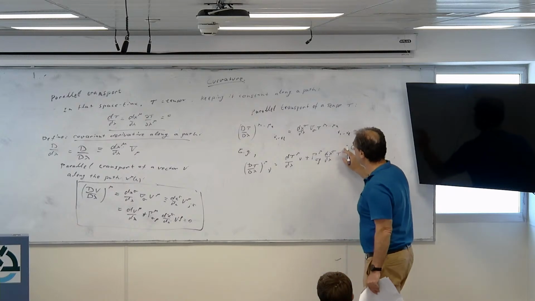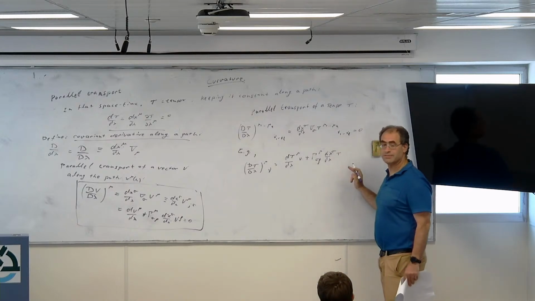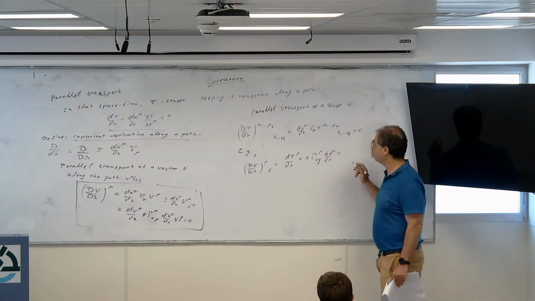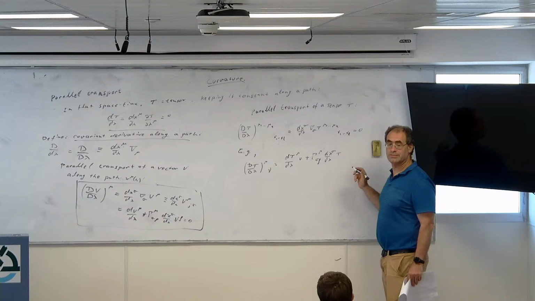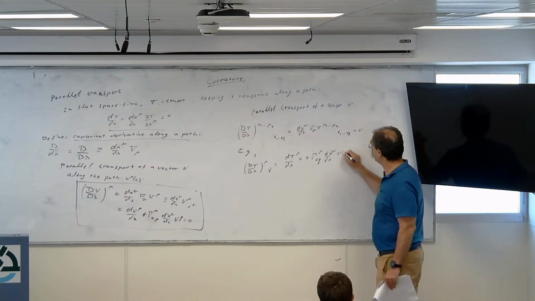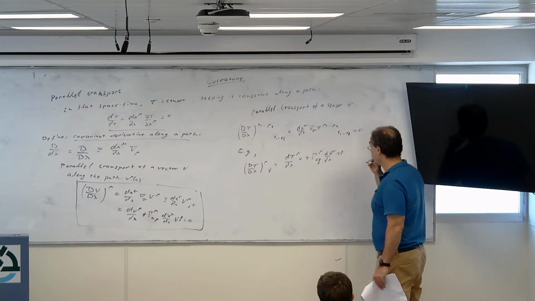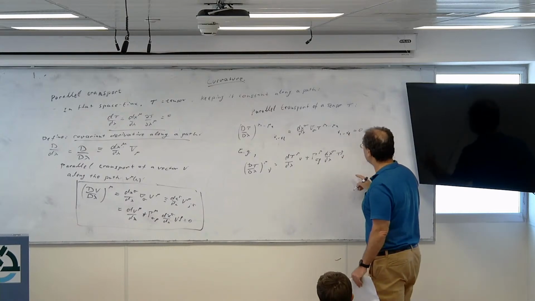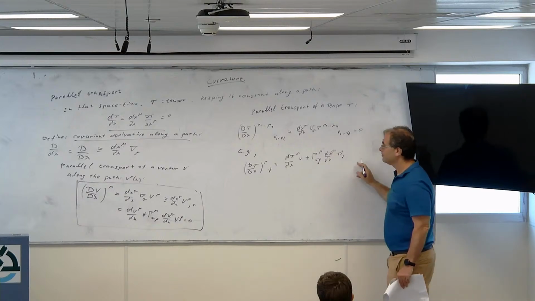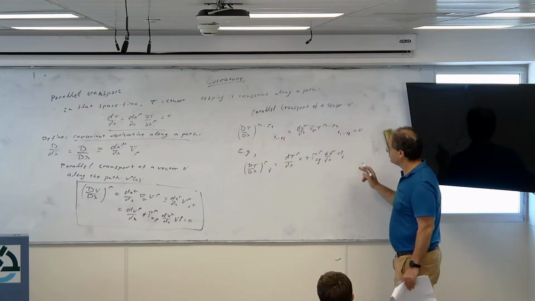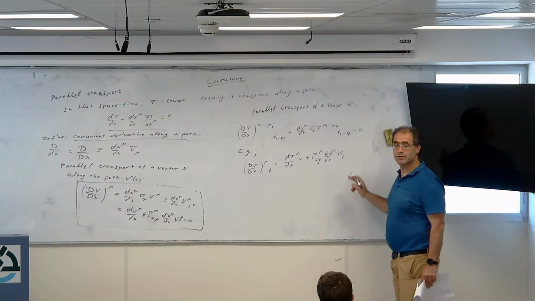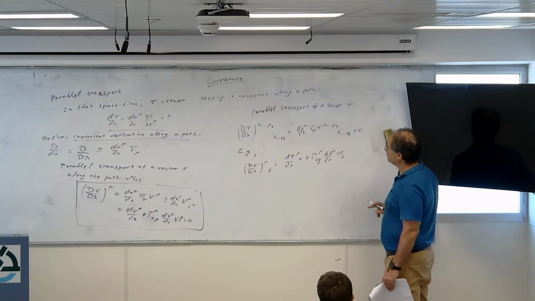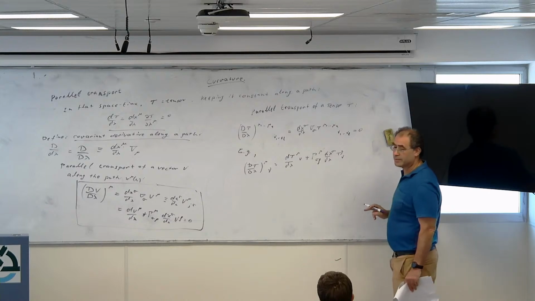What do I have here? Mu upper index. Think again. What's the upper index? The lower index? Mu. Right. And then what will be the next term? The connection correction. Plus or minus?